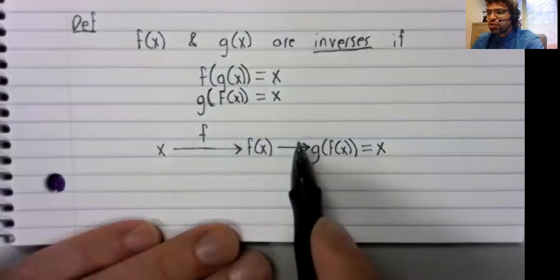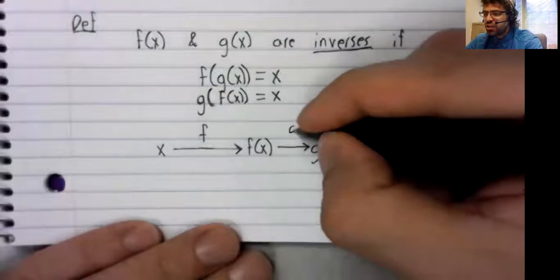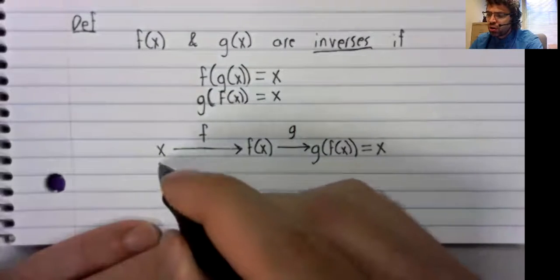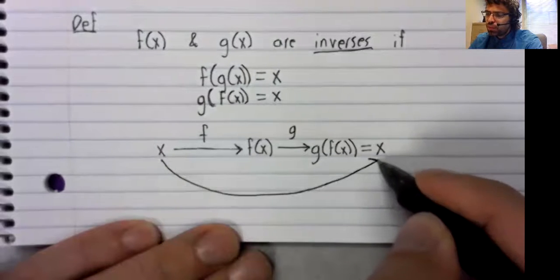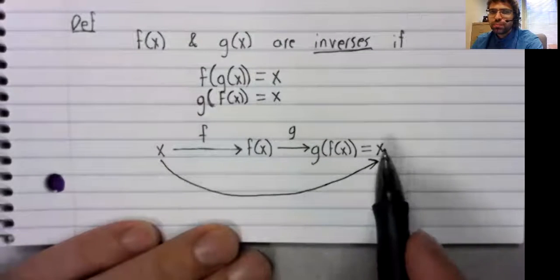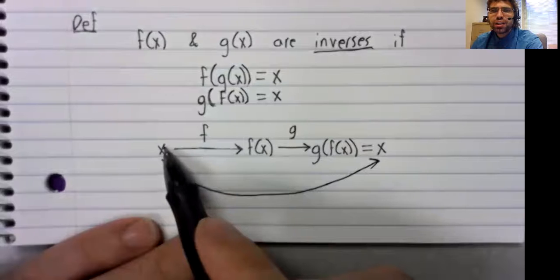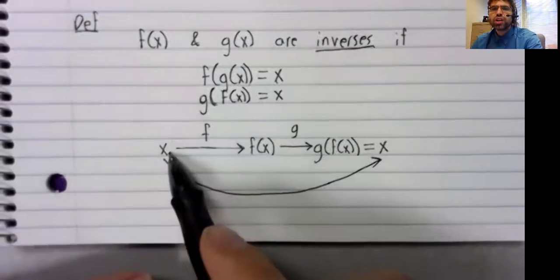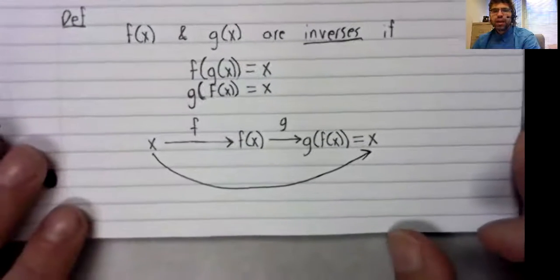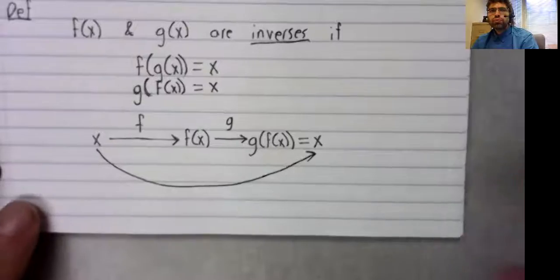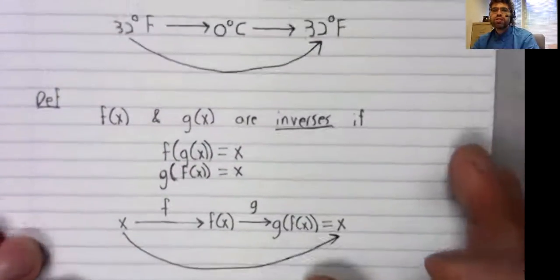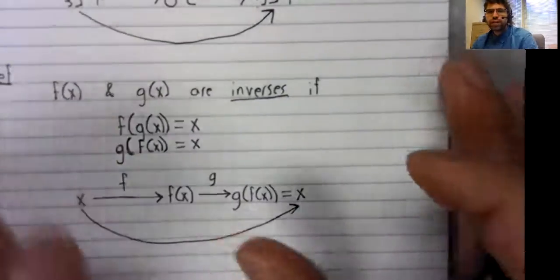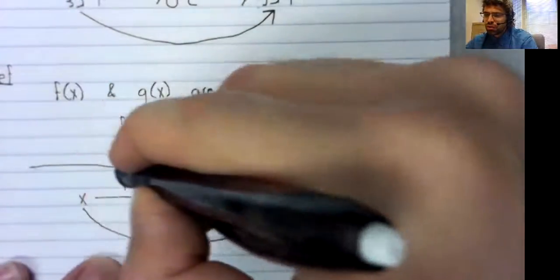So these functions undid one another, and we wind up exactly where we started. And we have two conditions, because this should be true in the other direction as well.